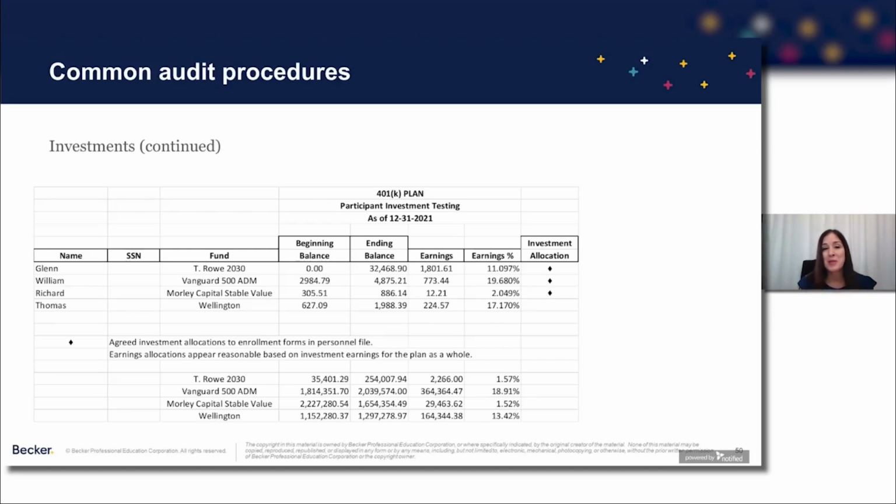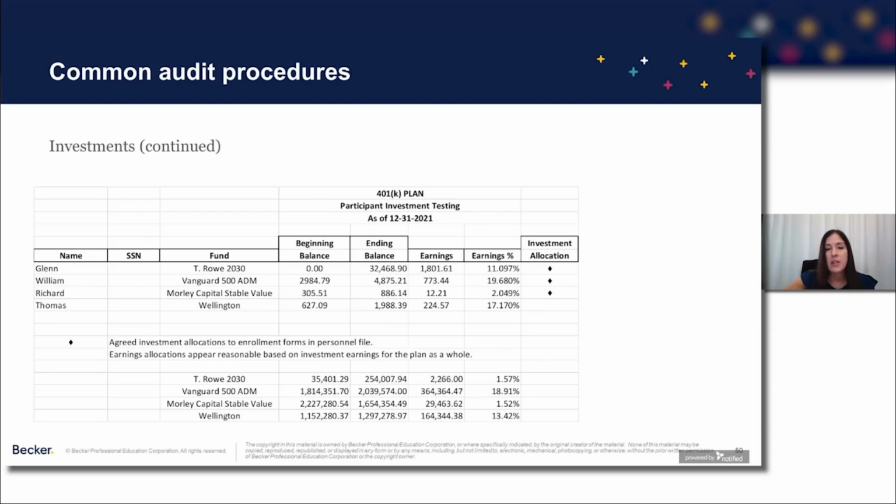To me, that's reasonable because there can be various fluctuations there depending on the percentage that William had allocated to that fund during the year. It can be affected by changes in the deferral percentage and or distributions or loans taken during the year. So as long as these allocations are reasonable compared to the plan as a whole, I'm happy.